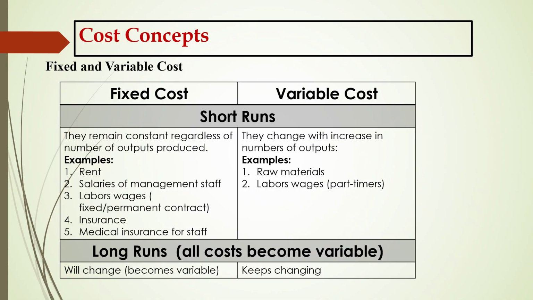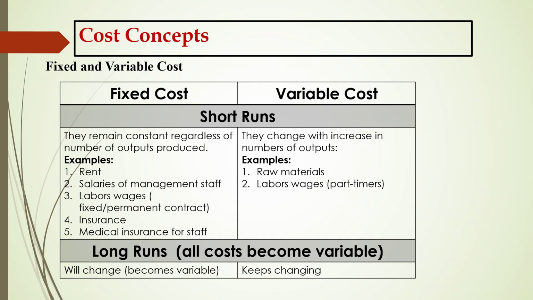First we will understand what is a fixed cost and a variable cost. Fixed costs in the short run remain constant regardless of the number of outputs produced.